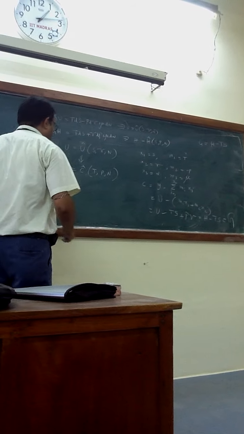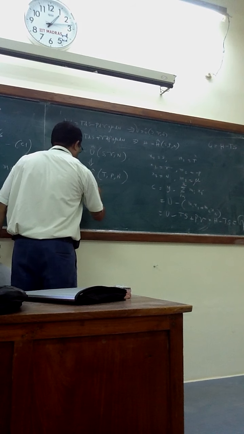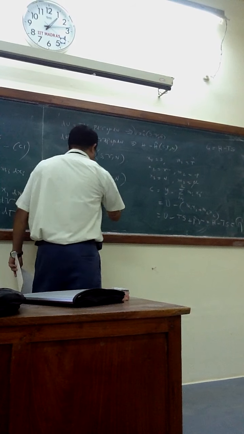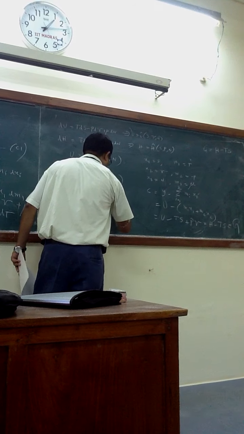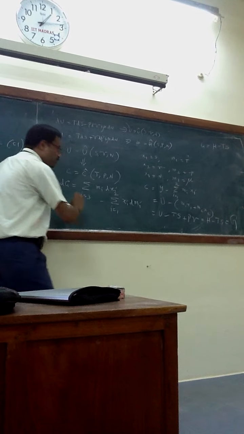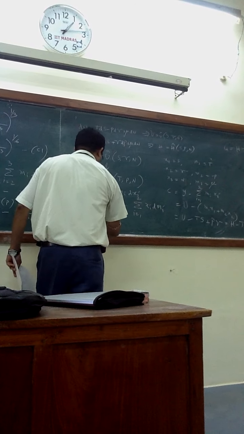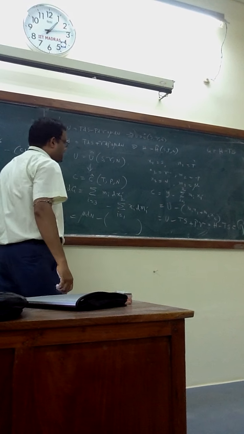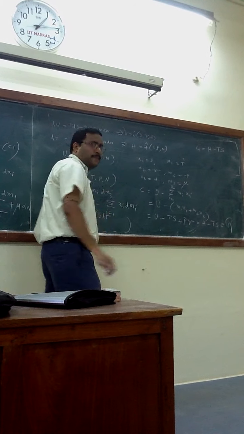And then what is dG? dG equals summation i equals 3 only of m_i dx_i minus summation i equals 1 to 2 of x_i dm_i. Am I correct? This will give you mu dN minus x_i, which is S dT.